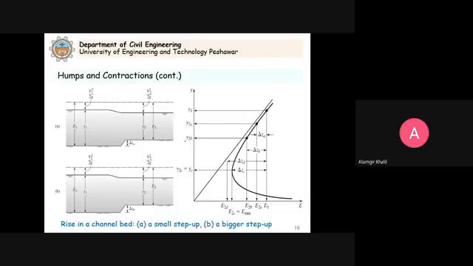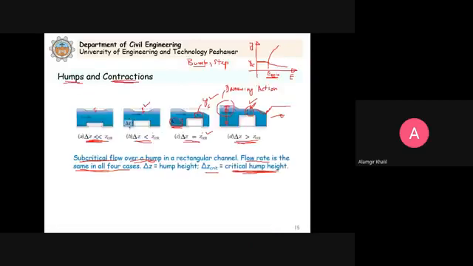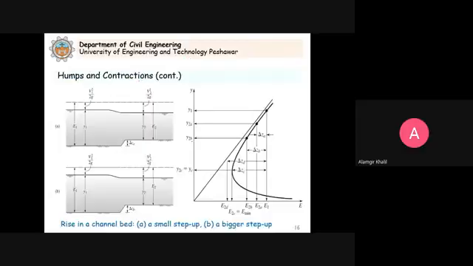Now in this case, this is what I said here. Now I try to explain with reference to the specific energy diagram. So you see here that in this case again we have subcritical flow. Why?